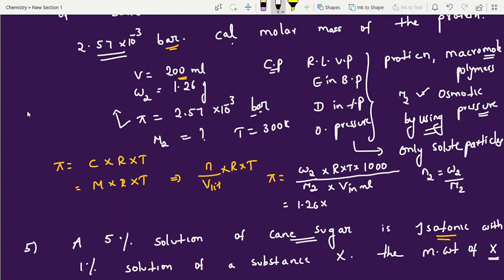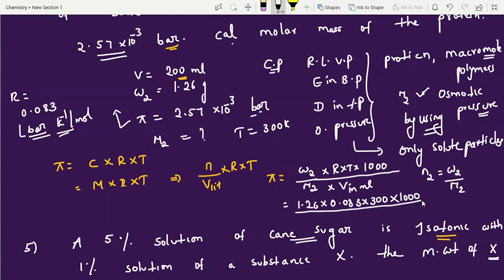But here they have given bar, so take the same: 0.083 liter bar per Kelvin. Substitute R value 0.083. The temperature is given in Kelvin only. Sometimes they will give degrees, then you have to convert. So 1000 by M2 you have to calculate.